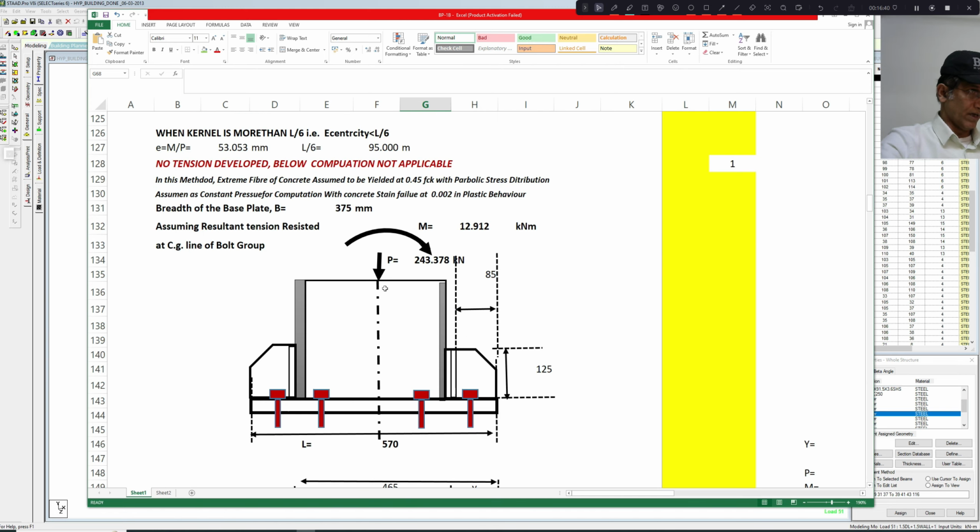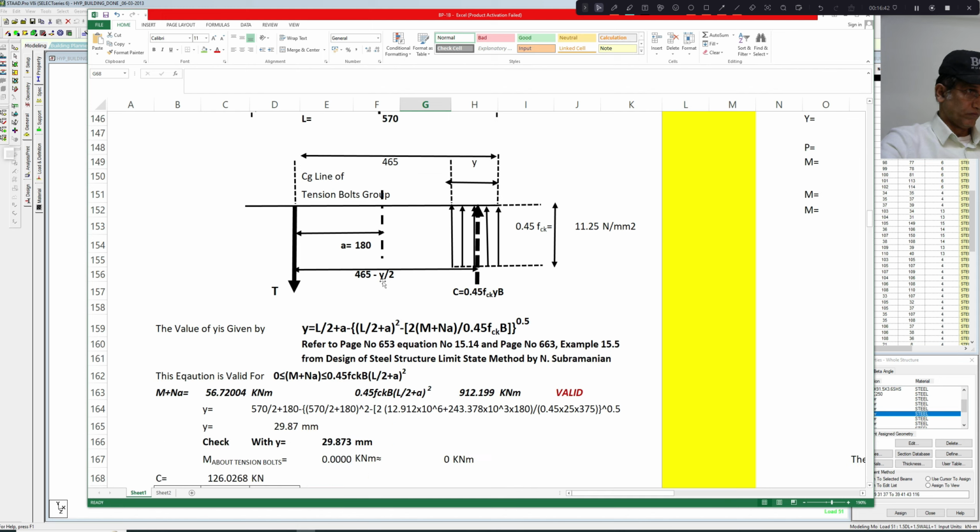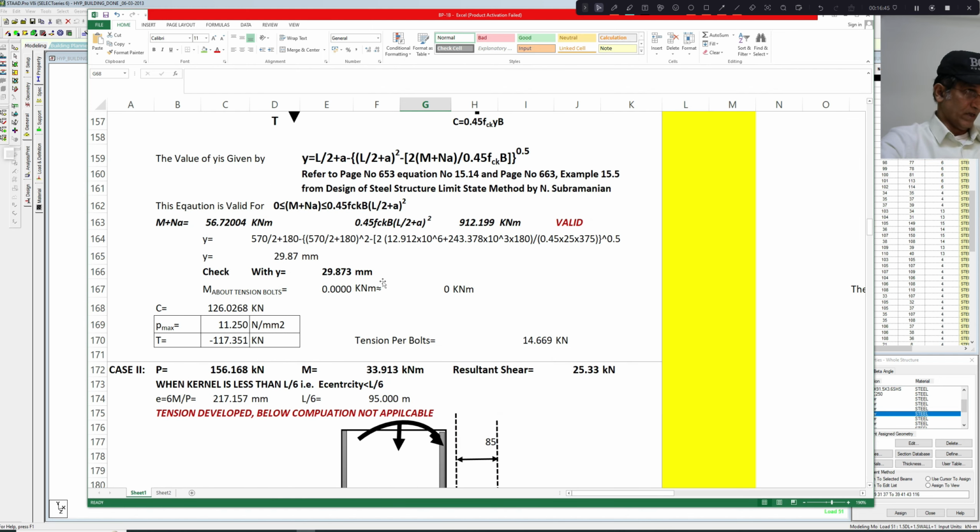There is no tension, so tension case is not available. All these equations are available in Subramaniam. The derivation of this equation is given in Steel Structures by Subramaniam.